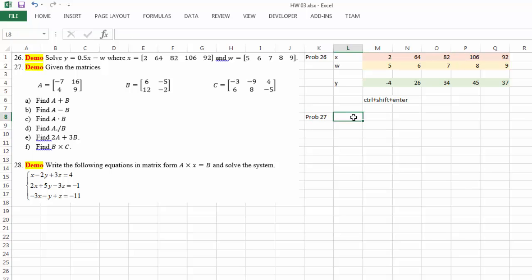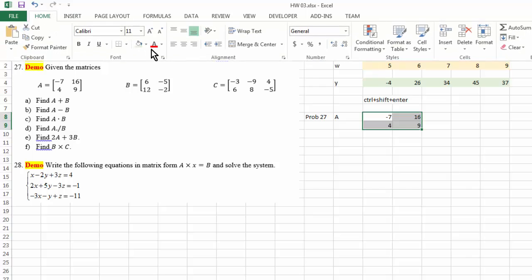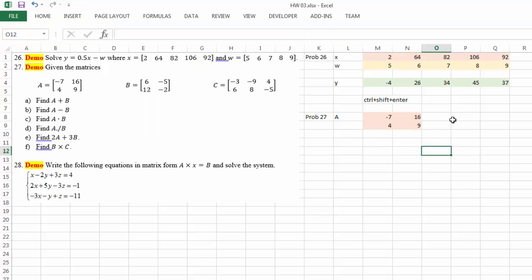So I have matrix A. This is a 2x2 square matrix. So I'm just going to type it in that order. Very straightforward formatting. Give it a little bit of background color to show that it's a matrix. I have a matrix B, 6, -5, 2, 12.